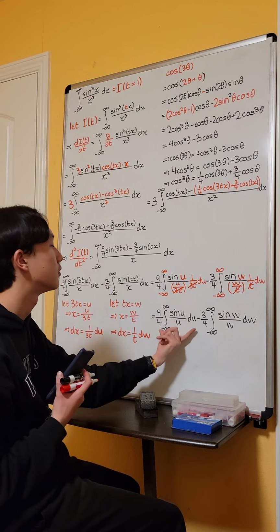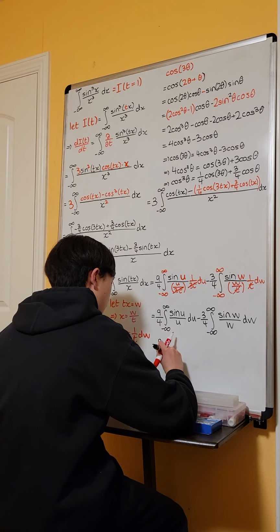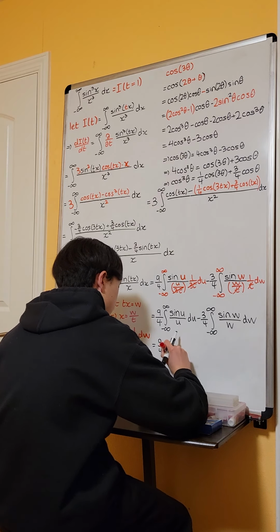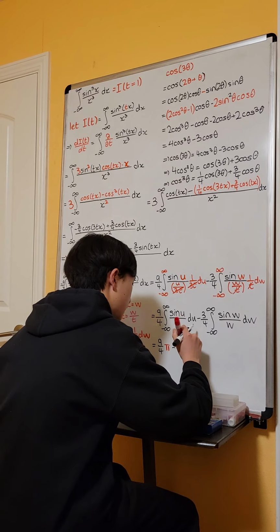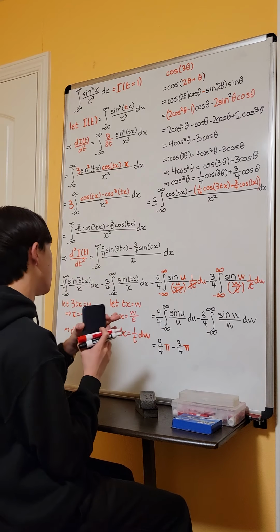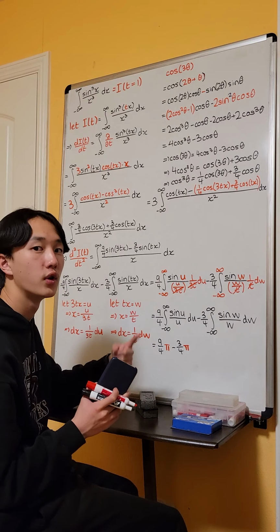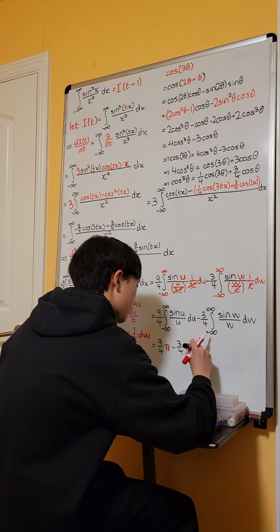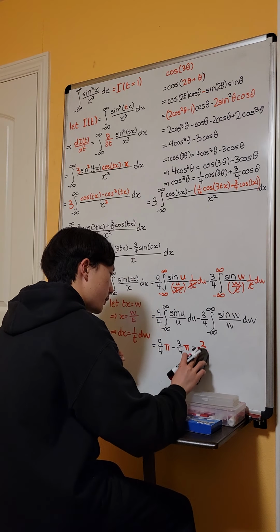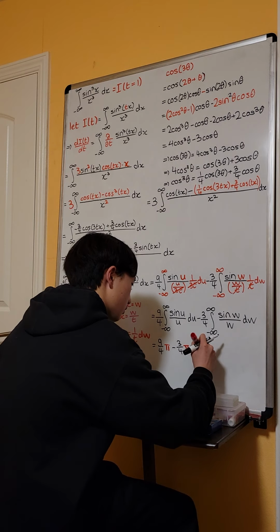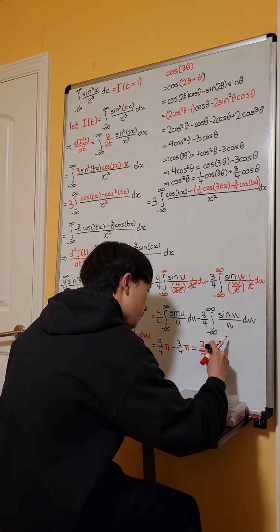Earlier we saw this was pi, so replace it with pi: 9 over 4 pi, and then minus 3 over 4, also replacing this with pi. 9 over 4 minus 3 over 4 is 6 over 4, which is 3 over 2. So this is 3 over 2 pi. I'm going to put the pi in black.